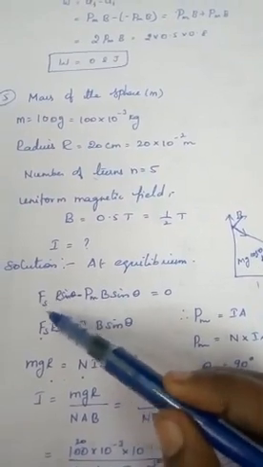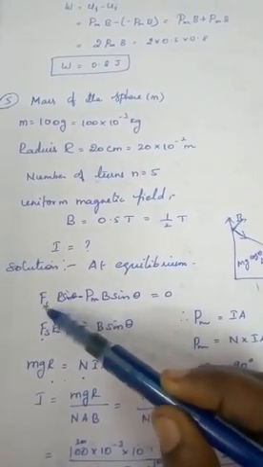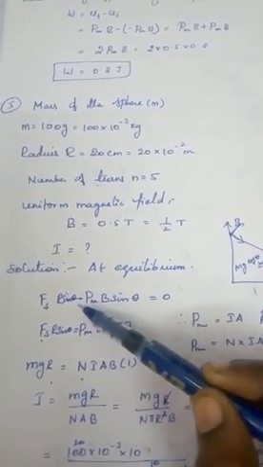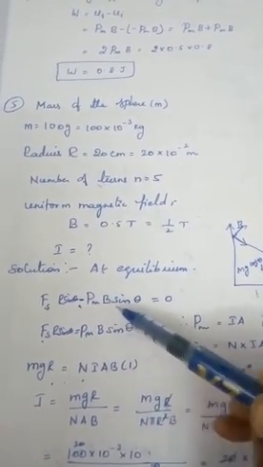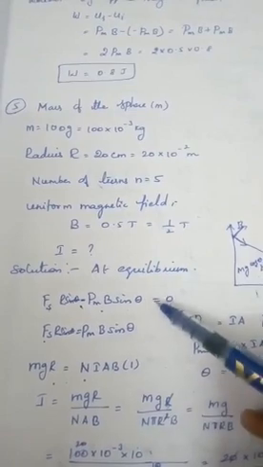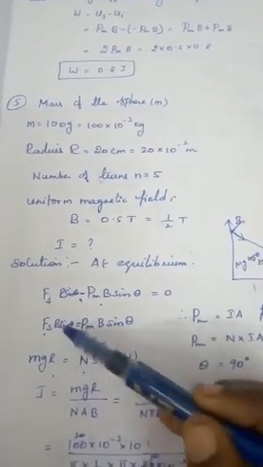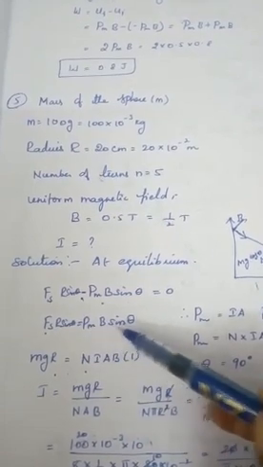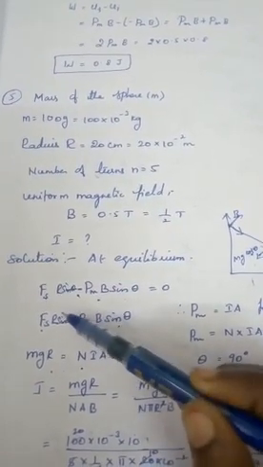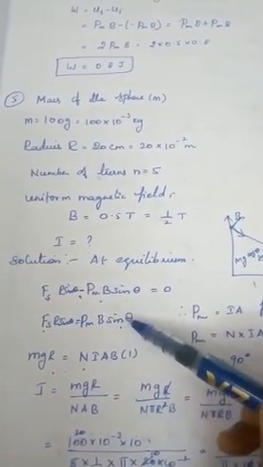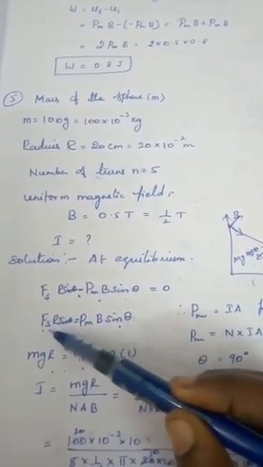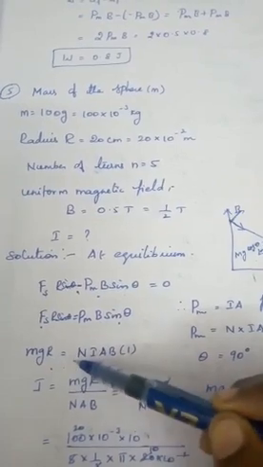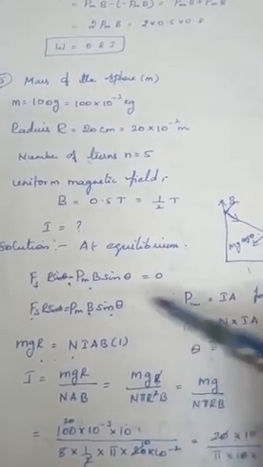First, Fs is the force on the sphere. So Fs r sin theta minus Pm B sin theta, the torque value, is equal to 0. Now finally Fs r sin theta is equal to Pm B sin theta. So here sin theta cancels on both sides, and finally Fs means mg, so mg r is equal to Pm B. What is the value of Pm?